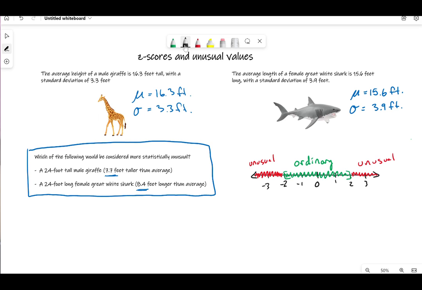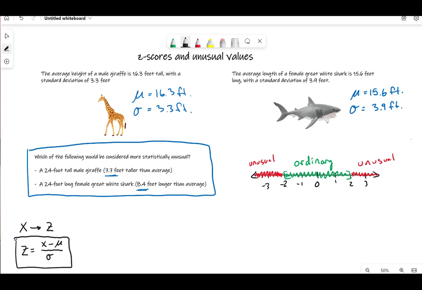So what we want to do is convert the x values, or the data values, into z-scores. And to do that, we have a formula. Z is equal to x minus the mean divided by the standard deviation. This will allow us to convert x values to z-scores.